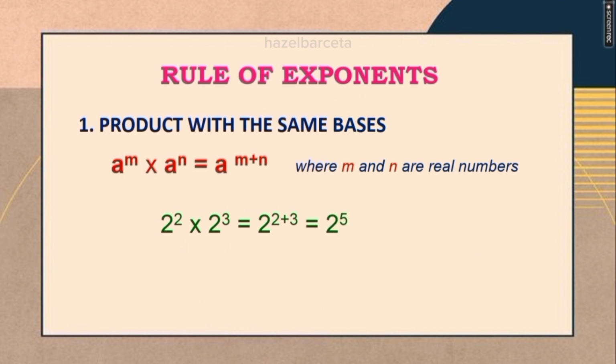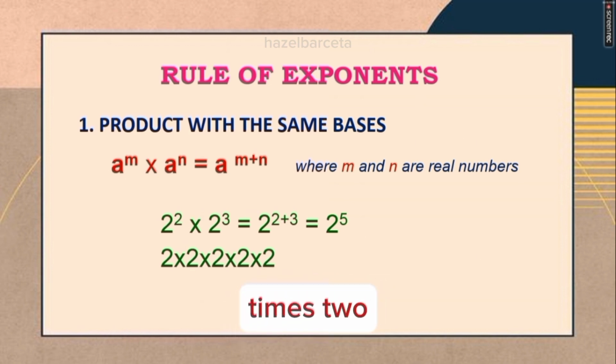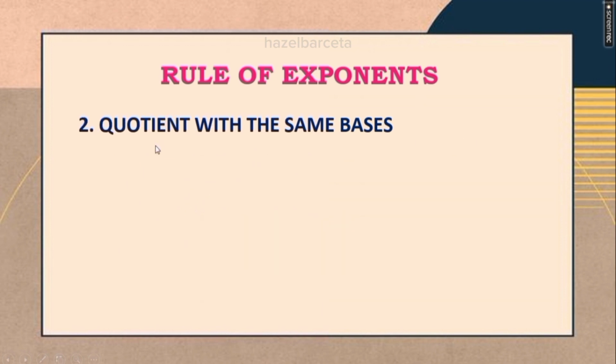So, 2 raised to 5, which is equal to 2 times 2, which is equal to 4, times 2 is equal to 8, times 2 is equal to 16, times 2 is equal to 32. So, ganun po. Again, product with the same bases, kopya ang base, i-add ang exponent.